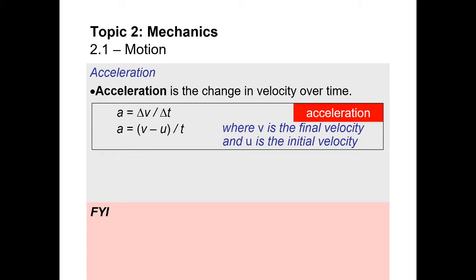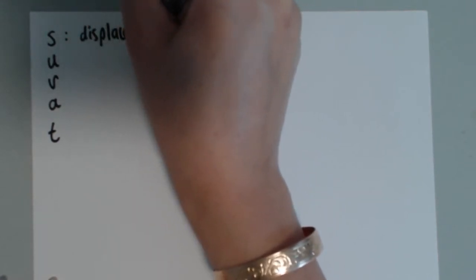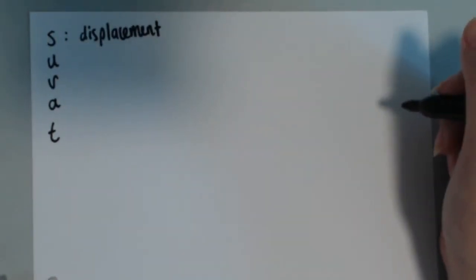Now, just before we move on, I want to show you a way to remember all of these letters. I want you to remember the following, I guess we can call it an acronym, SUVAT. It's just a way for you to remember. S is displacement. It can be used as distance too, but you have to be careful when you use it in the formula.